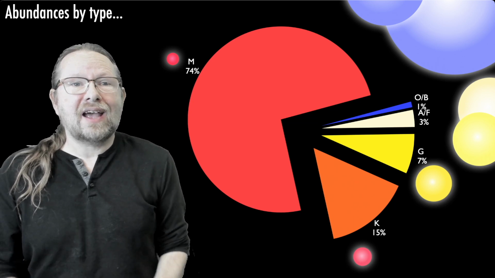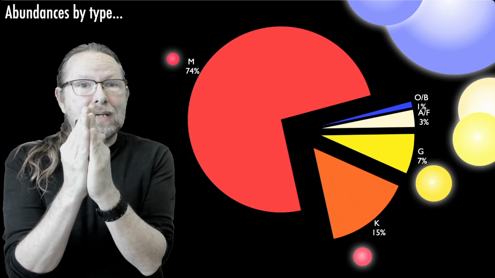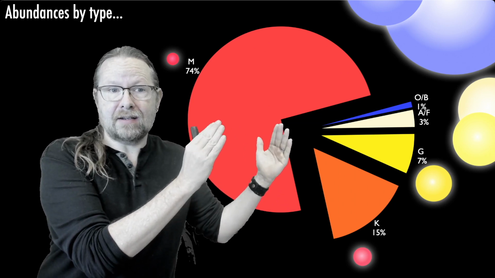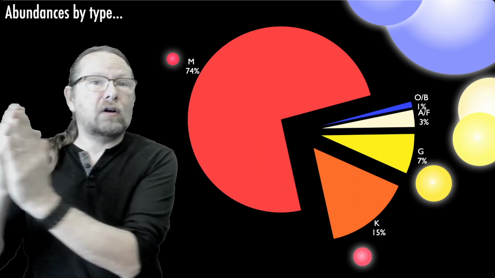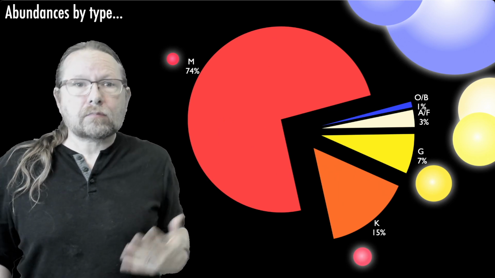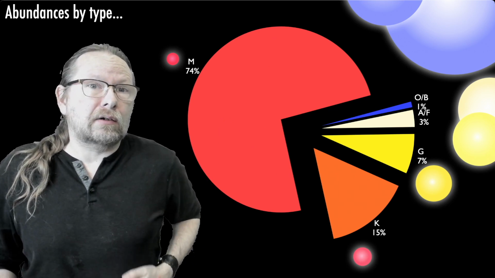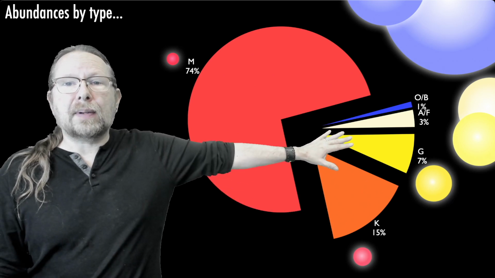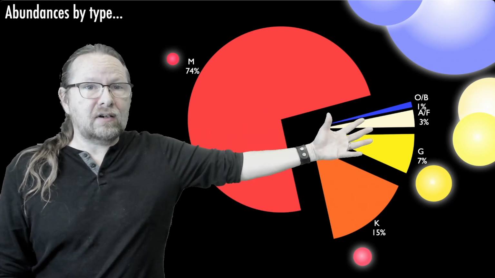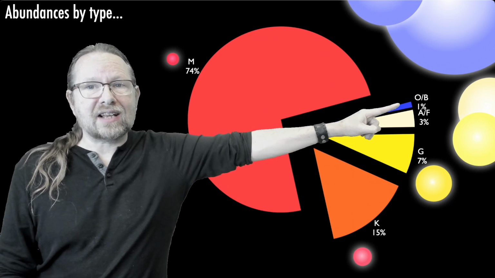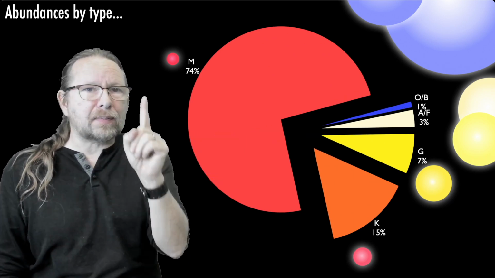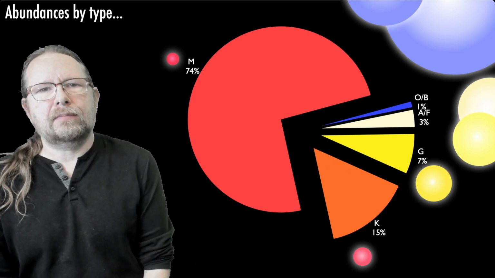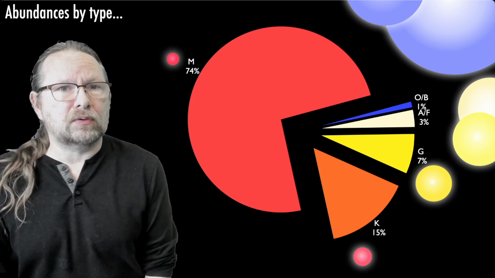So while our sun is average in the sense of being in the middle, there are way more stars dimmer and lighter than the sun than there are stars that are bigger, brighter, and hotter than the sun. So that's something to keep in mind. G-type stars make up about 7%. A and F together only make up about 3% of the stars in the galaxy, and O and B-type stars only make up about 1% of the main sequence stars in the Milky Way and in any typical galaxy.